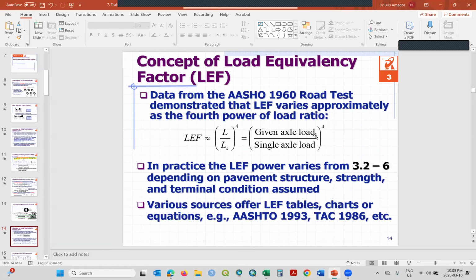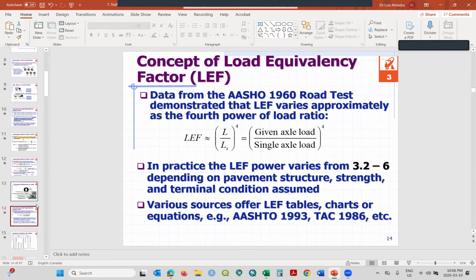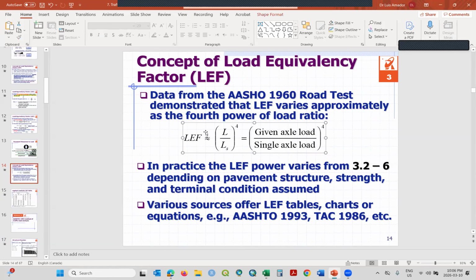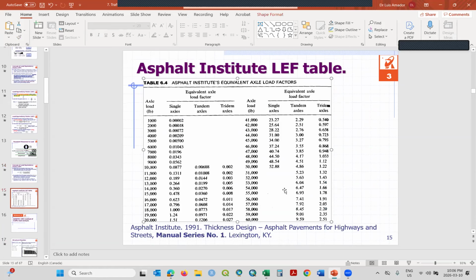So at the end, we can approximately know that the power of 4 is sometimes used by some approaches. Others use values between 3.2 and 6. So with this equation, they produce tables like this one.